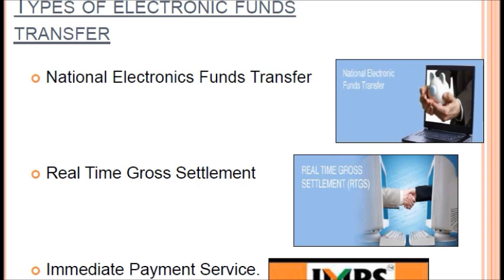The second option is Real Time Gross Settlement, RTGS. It was basically one of the initially opted methods. And the third one is Immediate Payment Services, IMPS, and IMPS transfers the money immediately to the account.